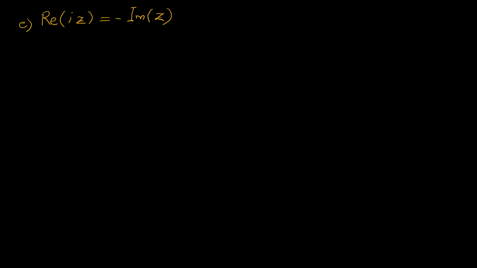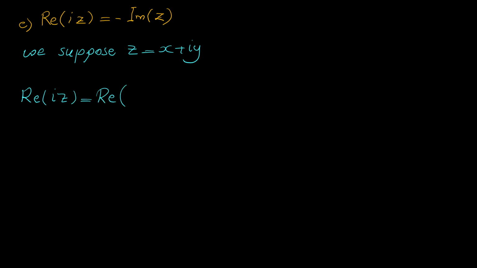So, to prove this, we suppose z as x plus iy. Now we are going to calculate the left side and the right side of this, and we will show that they are equal.